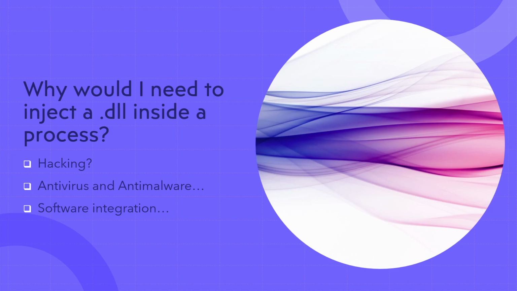The third choice is software integration. By software integration, I mean that you would like to extend, for example, a given software to have more capabilities than what is allowed by using, for example, a legal API.